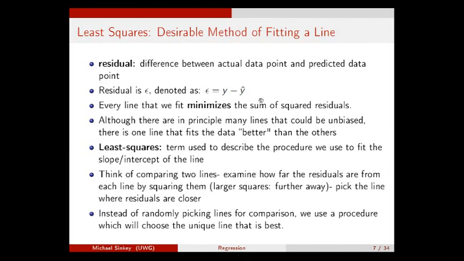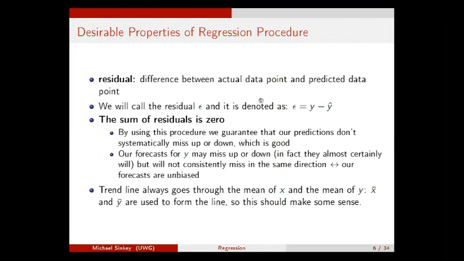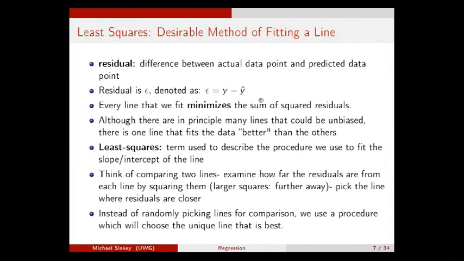This is called least squares. So the residual is the difference between the actual data point and predicted data point. It sums to 0. And every line that we fit minimizes the sum of squared residuals.